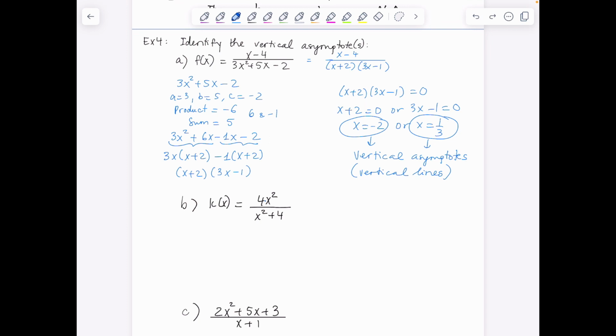So our next step would be step 2, where we are going to just let the denominator equal 0. So subtract 4 from both sides, you get x squared is equal to -4. However, we have a problem. The next step, naturally you would take the square root of both sides, but we can't take the square root of a negative number since we're dealing with real numbers. So therefore, this equation actually has no solution. And because it has no solution, we can say that this one has no vertical asymptotes.